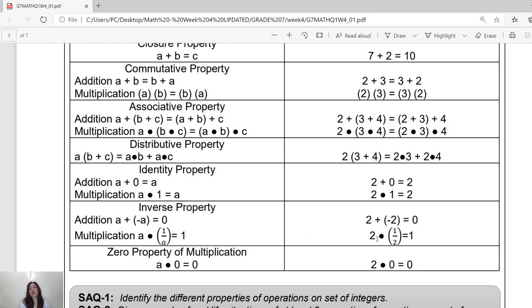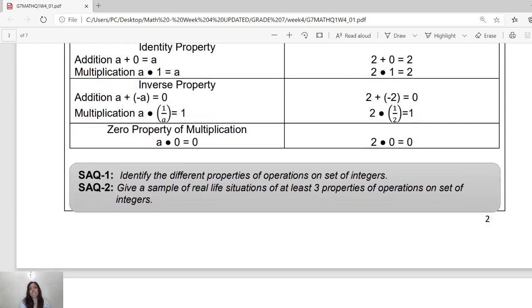So here, the given is 2, the inverse is 1/2. 2 times 1/2 is always equal to 1. For zero property of multiplication, we have any number multiplied to 0 is always equal to 0. That's it.